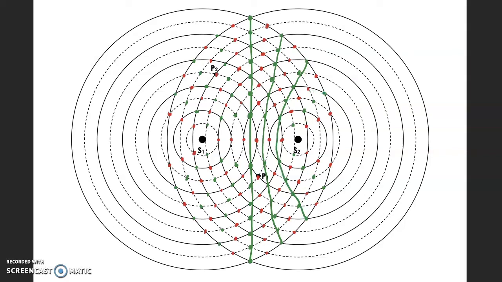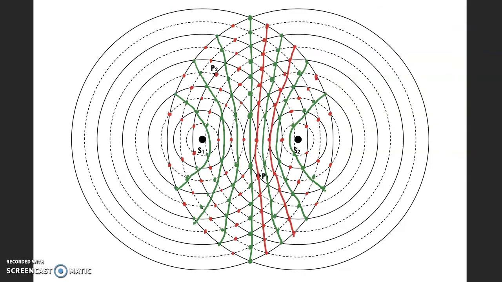The next one. And the next one. Now let's fill in the rest of them. There are all the antinodal lines. Now let's fill in the nodal lines. And there's your completed pattern.